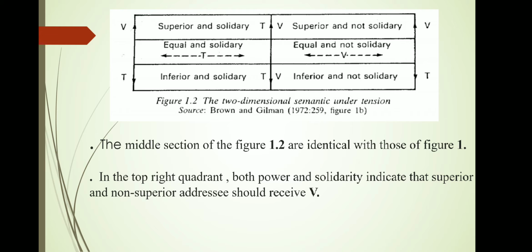And the children call their parents by T. But the power semantic would lead a child to address his or her parents using the V form. And here we have this figure showing the two-dimensional semantic and their tension. Okay, so look at the middle section of the figure.